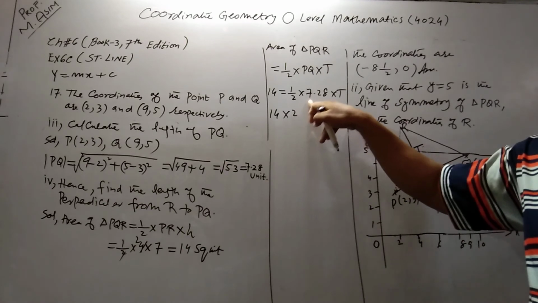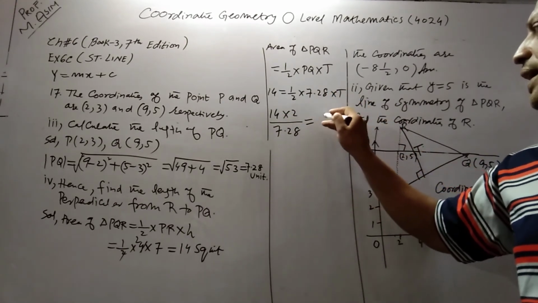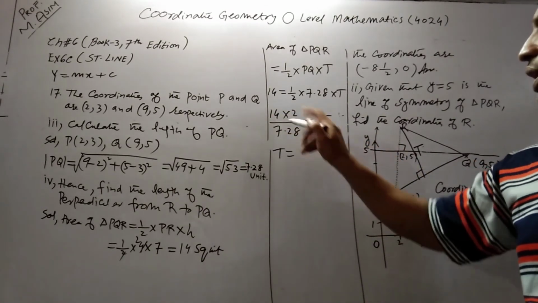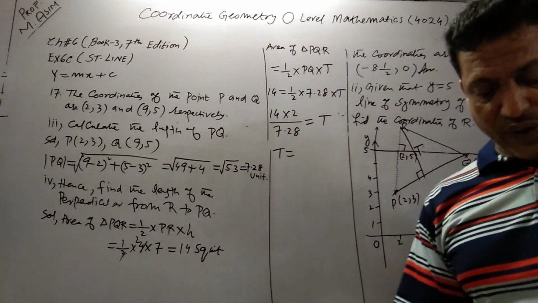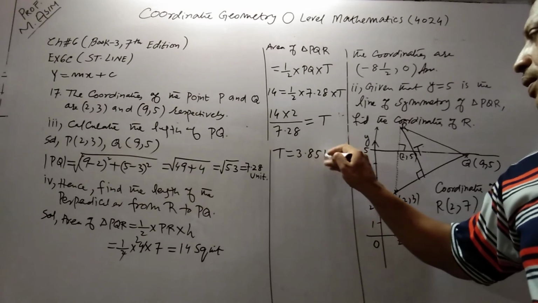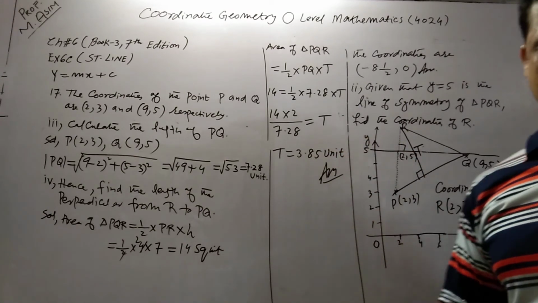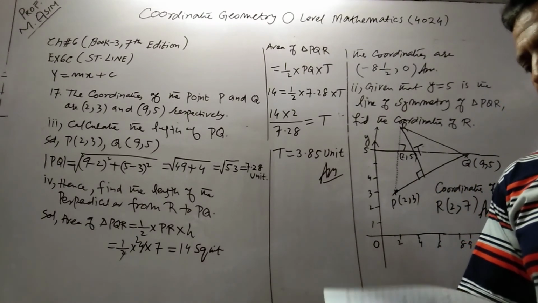This 7.28 is multiplied, this should divide on other side T. And if you calculate 14 into 2, 28 divided by 7.28, you will get the answer 3.85 units. So this is the requirement in part number 4.